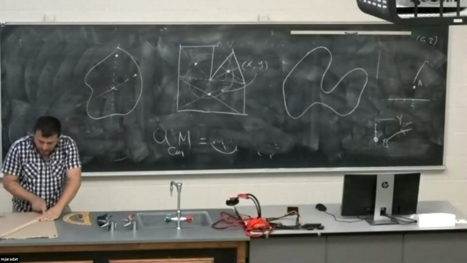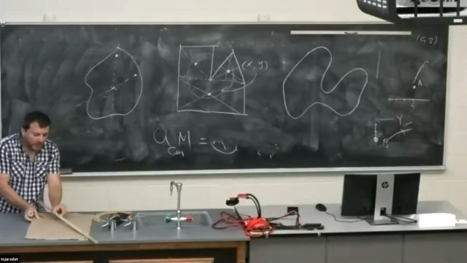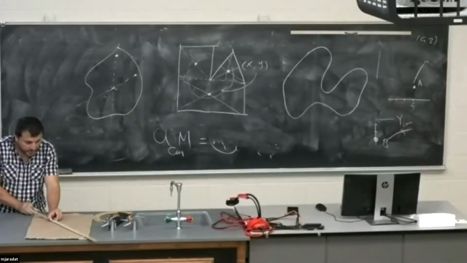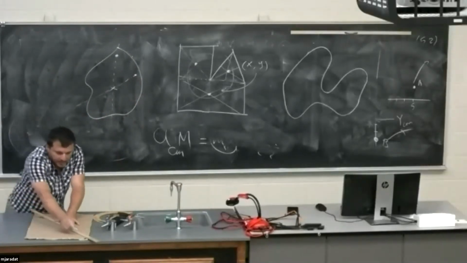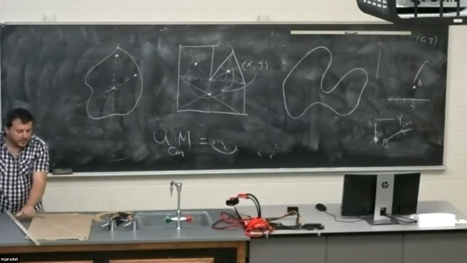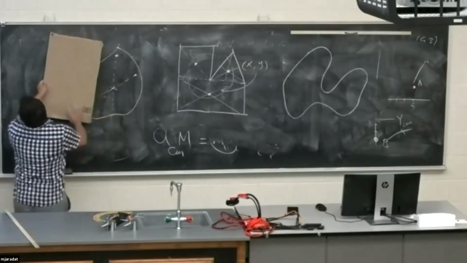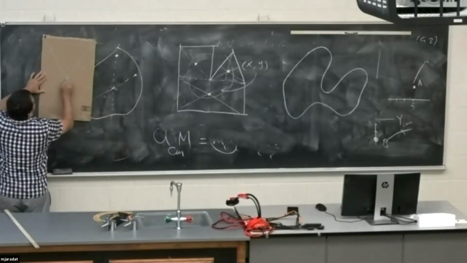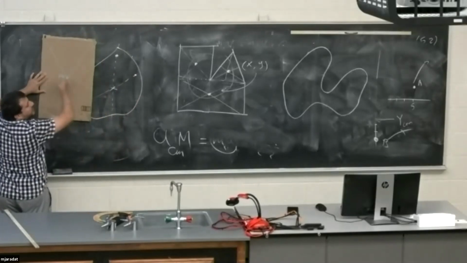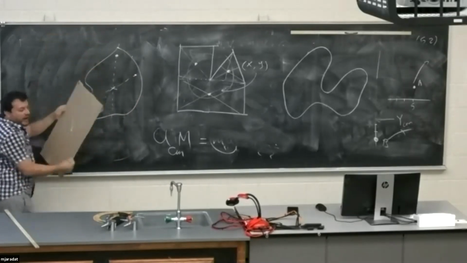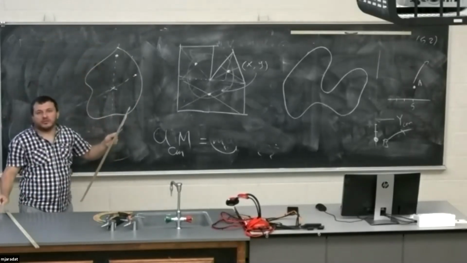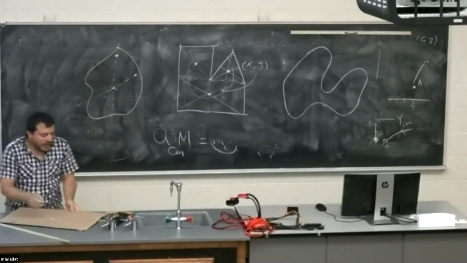I'm not cheating now. I'm doing that. Okay. This is the center of mass. It is the geometrical center. If I try to hang it, I will make a hole at any point I need.